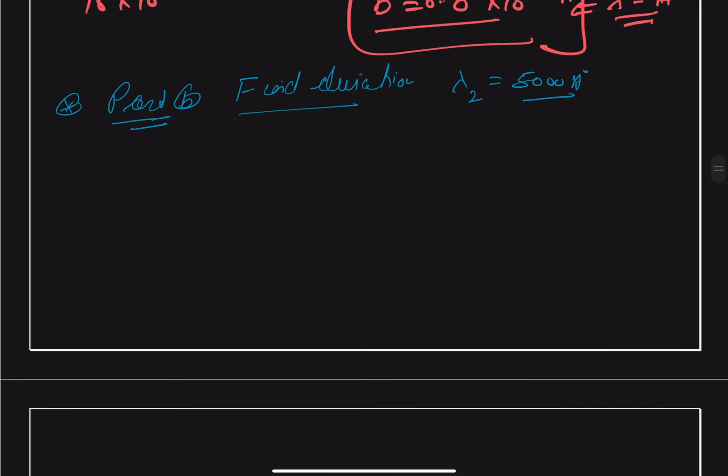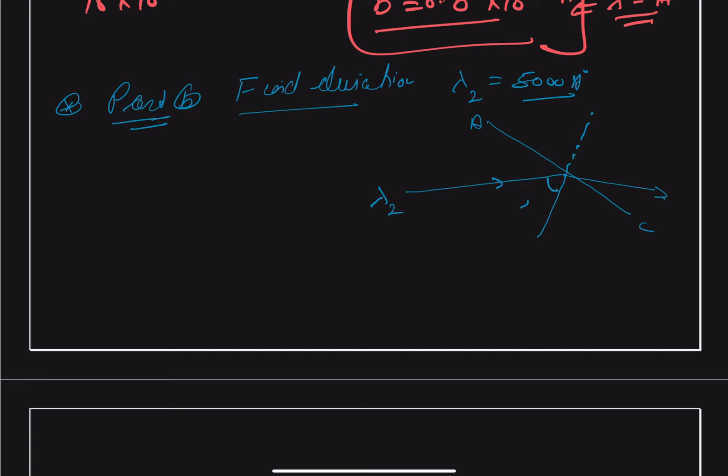So we have this AC, and we have our Q, this is our lambda 2, and our normal, so it will be bending in this direction.